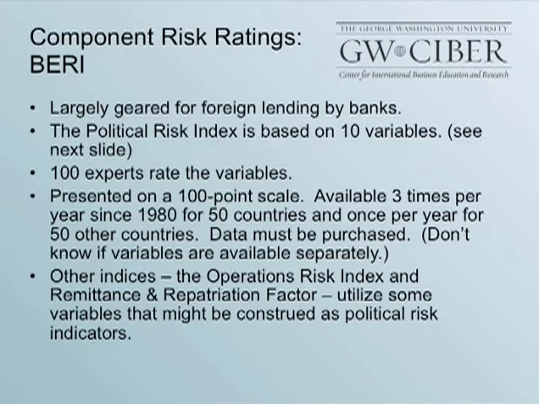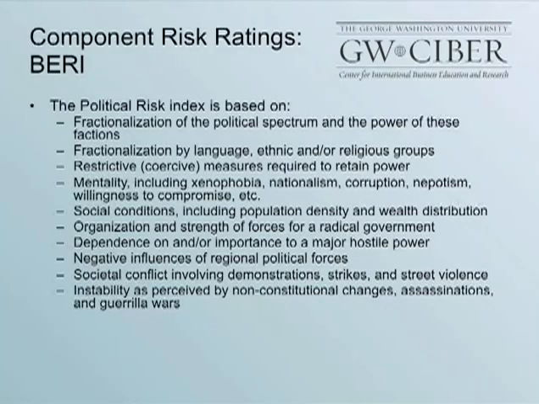The political risk index is based on 10 variables, and these are harder for me to read, right? So fortunately, you have these in front of you. But you see words here about fractionalization of society, fractionalization by language or religion, some kind of coercive measures that may be required for the government to retain power, some measures of social mentality, attitudes toward foreigners or nationalism, social conditions, the strength of forces for a radical government.